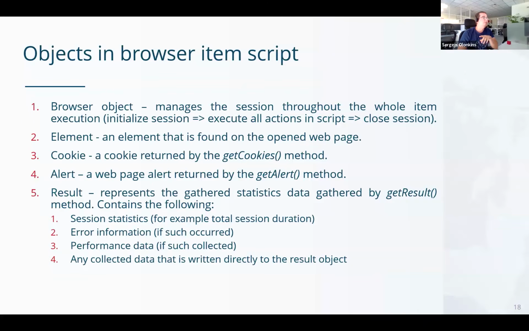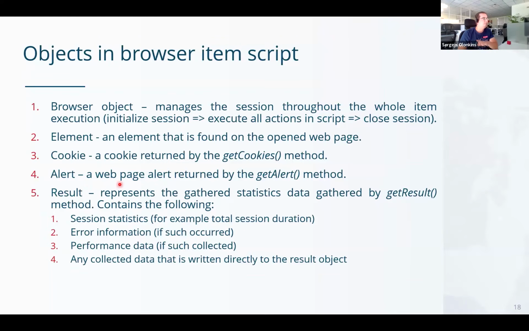The first one is the most important one, the browser object, which is responsible for the whole script execution starting from initializing the session to the very session closure. And during the execution of your script, you will interact with page elements. You will click on them, get some data from them. For this, you would need to use the element object. Also, you can interact with cookie and alert objects.